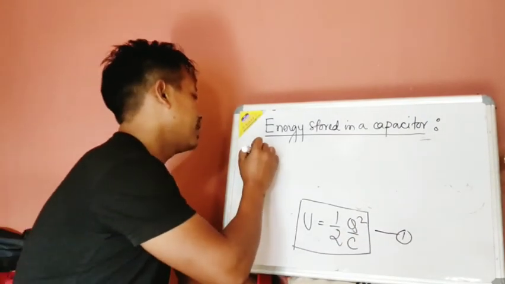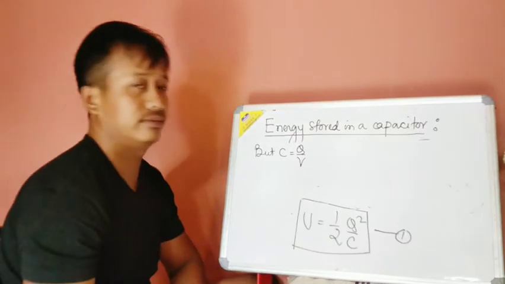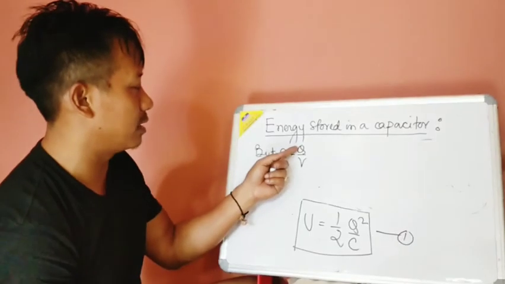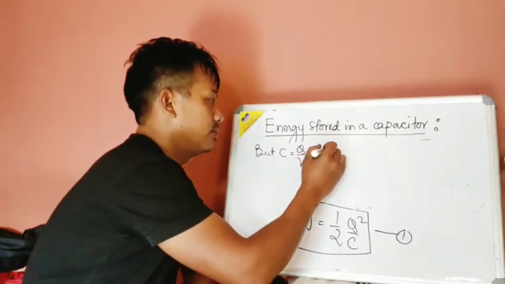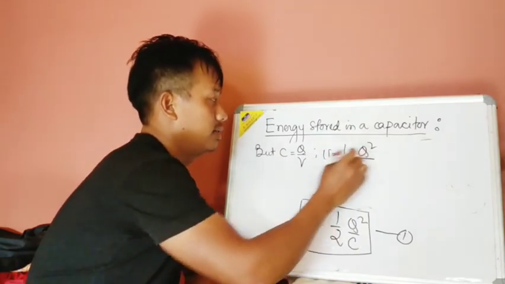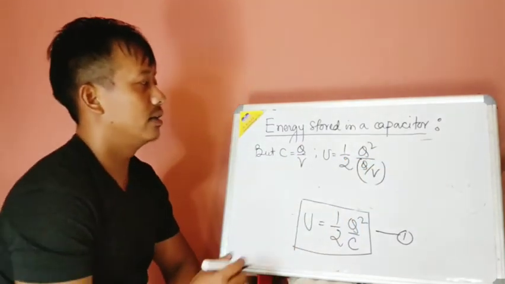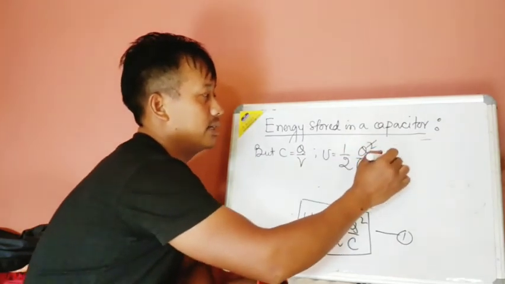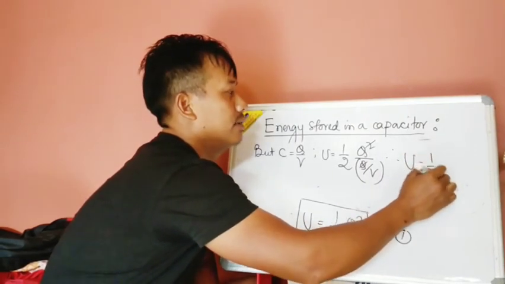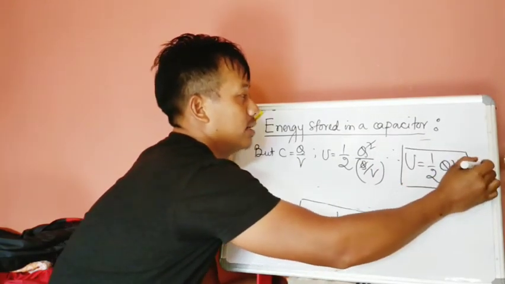Then C is equal to Q by V, from the definition of capacitance at the final instant, which is why we use capital Q and capital V. In equation 1, U is half Q square by C, with C equal to Q by V. Q cancels, so U is half Q into V. This is the second expression for energy stored.